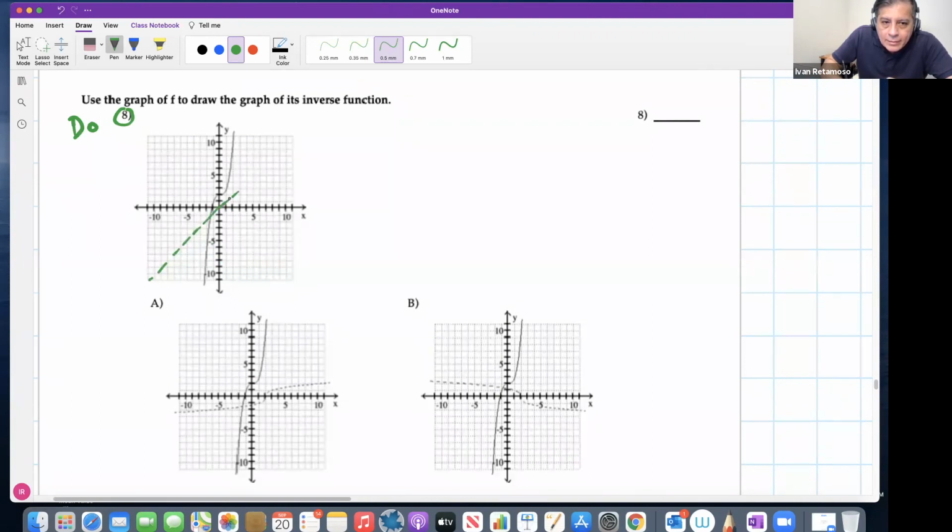So try to reflect your graph about this diagonal line y equal x. It's like placing a mirror here, and look at the image over there and see which one should be the answer, A or B, okay? And then we will move on to the second part, linear functions.